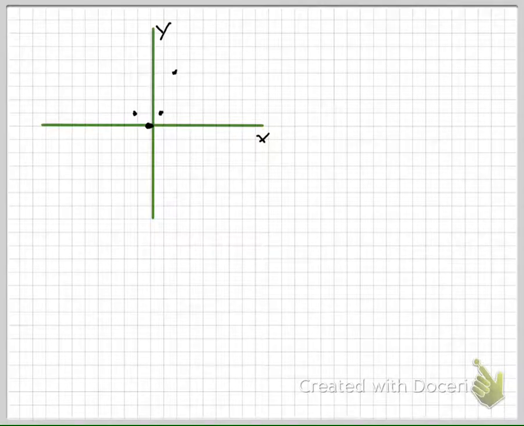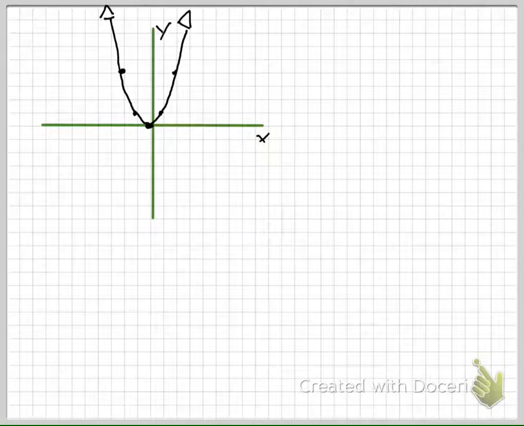Then the next point goes up to here and here. You're going to connect those dots. If I can just get this right with the stylus, it's a little funny. There we go. And you see something that looks like this.